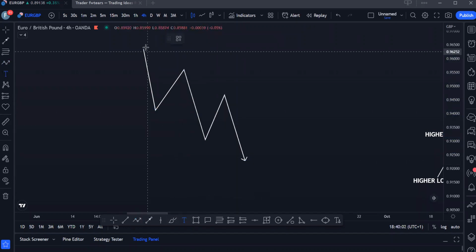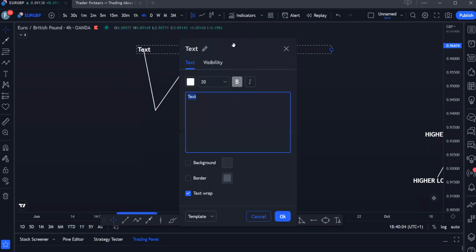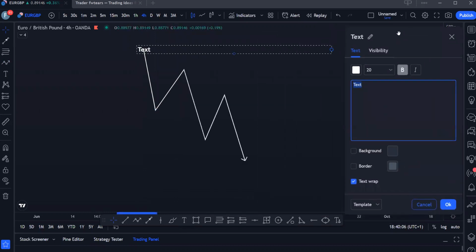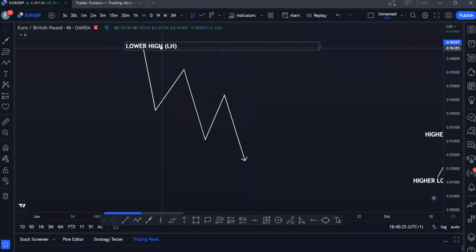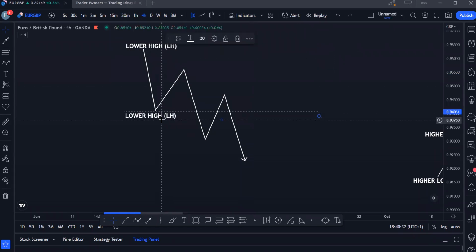The first point in a downtrend, right, is called lower high. It's just a flip of the uptrend. Lower high, LH. So price moves from lower highs to over here, lower low.